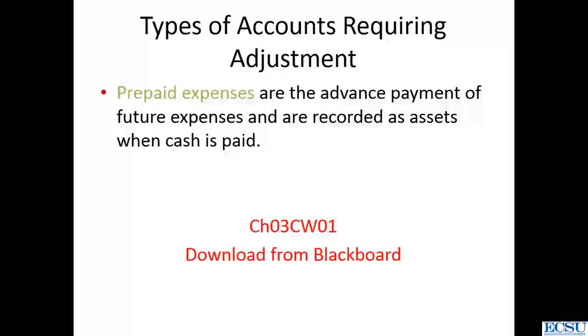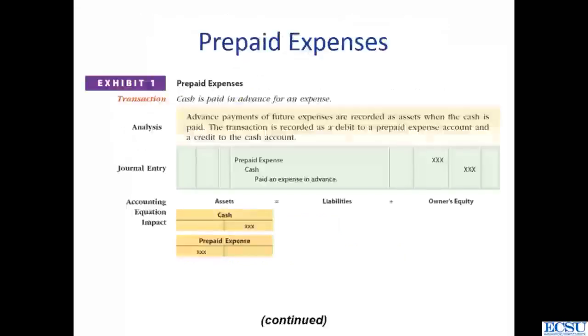So that is what you need to understand about these prepaid expenses. Now there is a format, chapter 3 CW01 on Blackboard. Please download that and we'll be working on it together. Let's take an example. Cash is paid in advance for an expense, so that is considered a prepaid expense to cash.